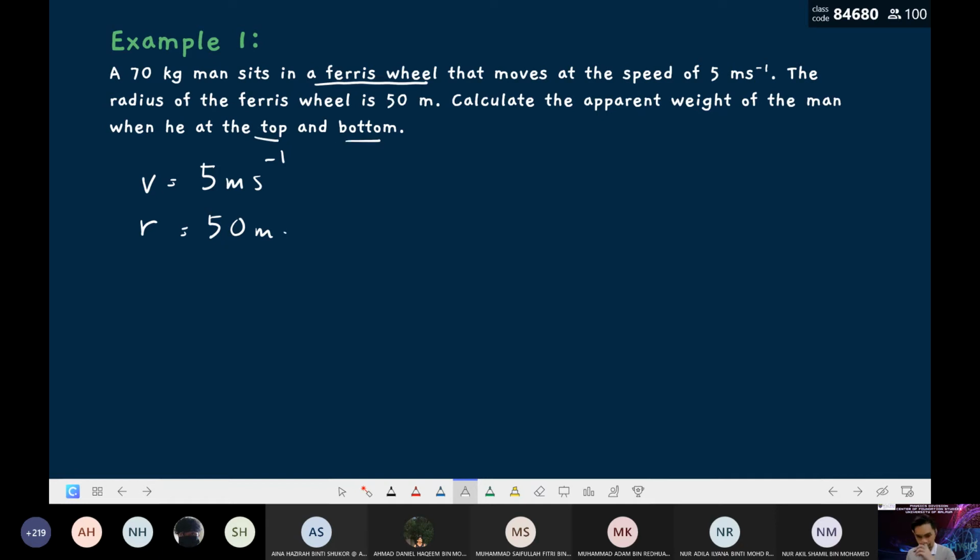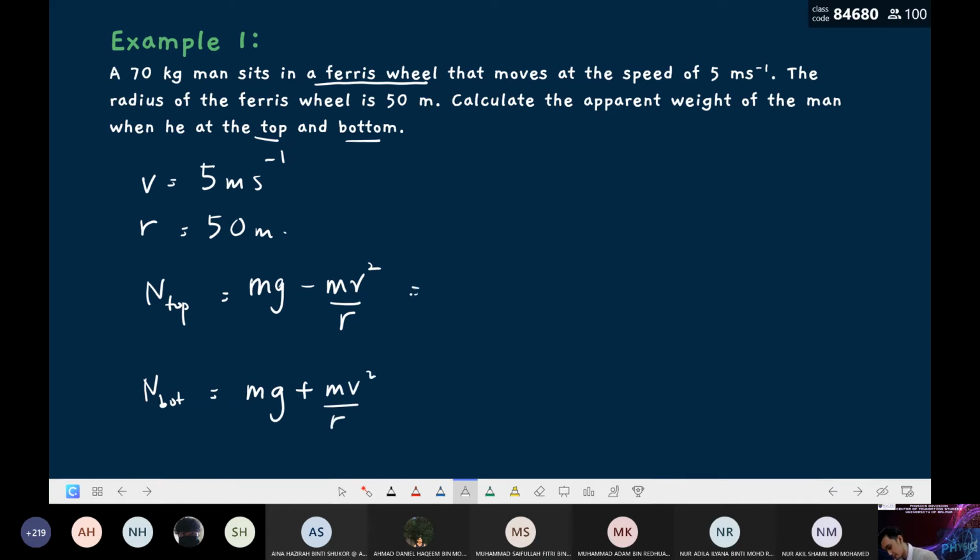We know that kalau Ferris wheel, we have to use the normal one tu, the normal punya forces, which is equal to, kalau N top, dekat top, dia rasa lebih ringan, jadi we know it is mg minus mv square over r. Okay, but at the bottom, dia rasa lebih berat, we need to plus with the mg. Okay, then kita masukkan je lah value dia.